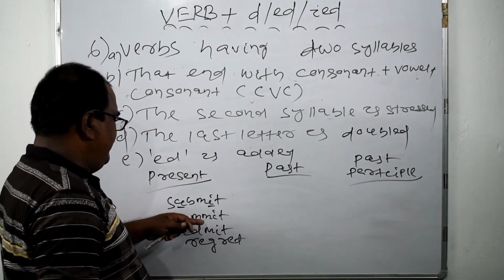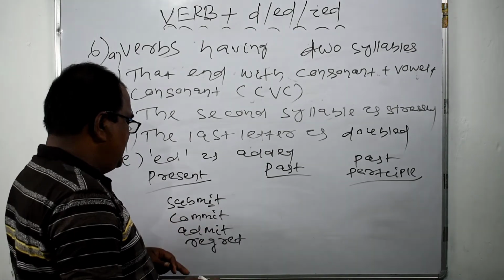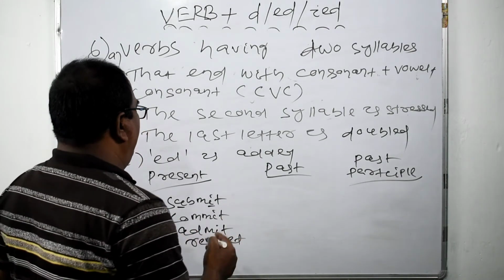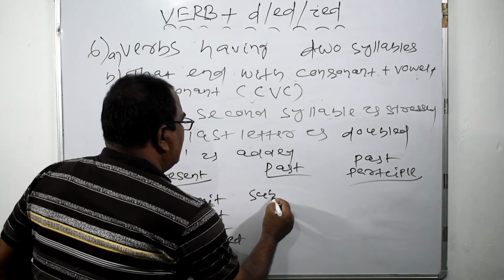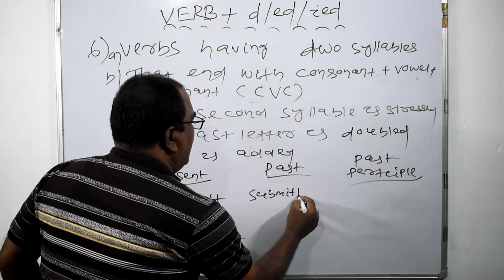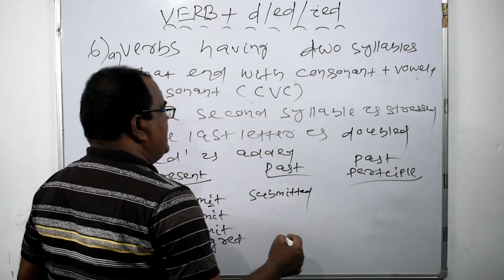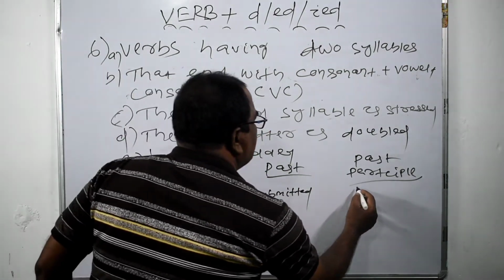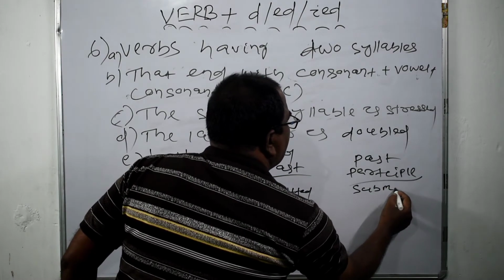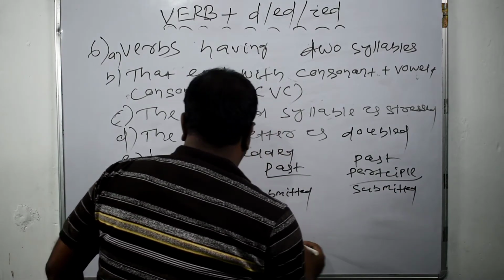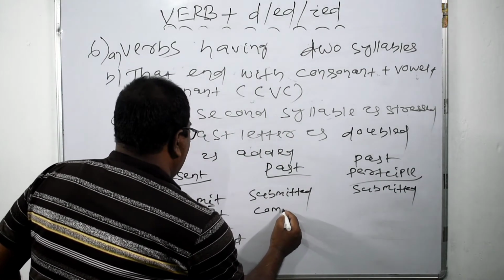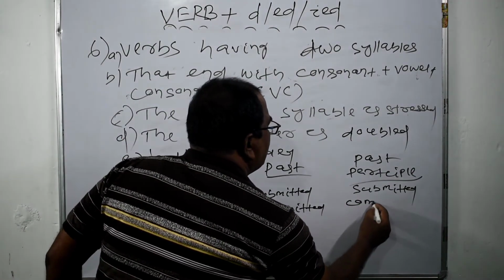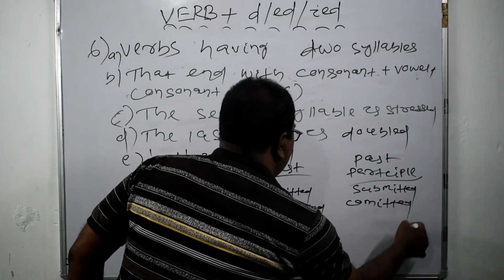Submit, commit, admit, regret. So in this case, the last letter is doubled and ed is added to make past and past participle. Submit, submitted, submitted. Commit, committed, committed.